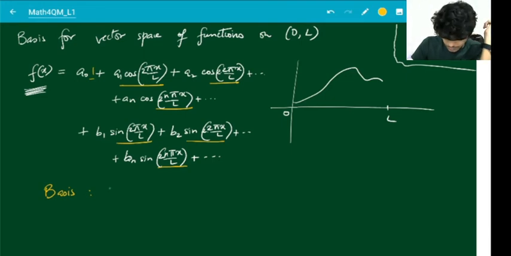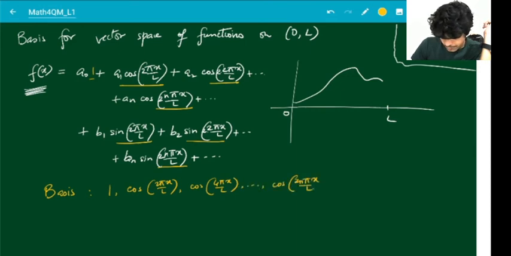The basis set is 1, cos 2 pi x by L, cos 4 pi x by L, cos 2n pi x by L, and then also all the sines.